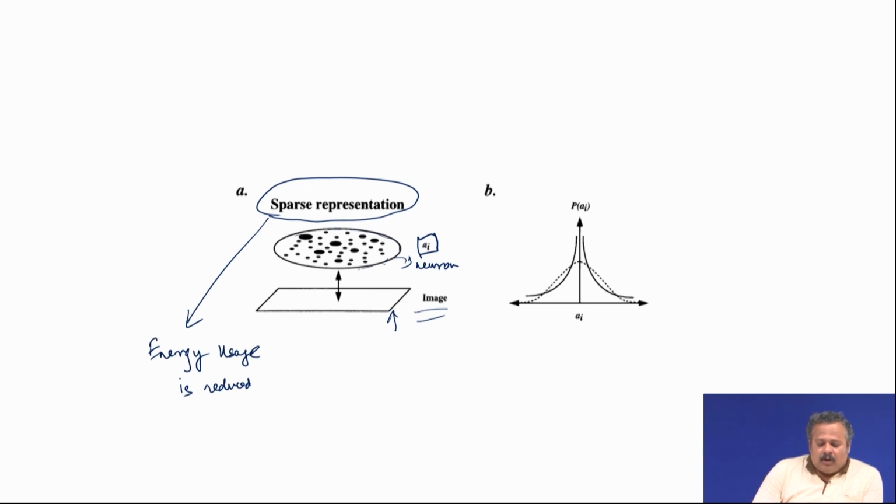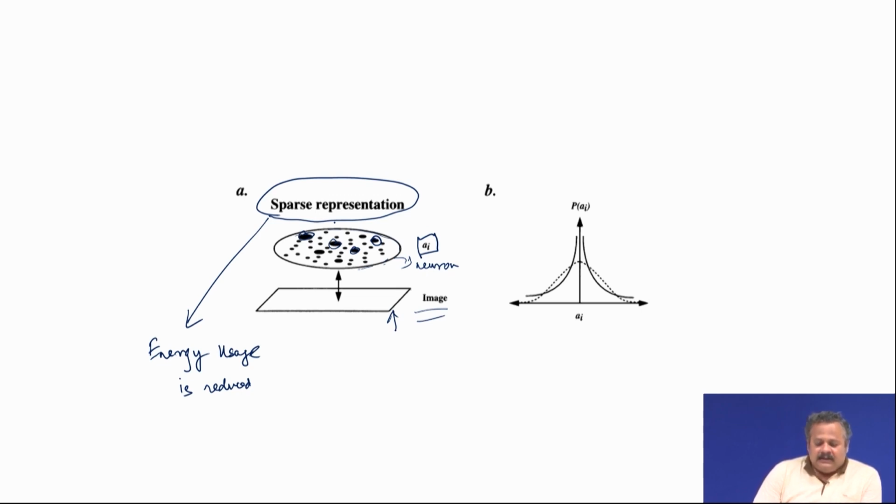What is being depicted by the dots here is that only a few of those units are active with a high amount of activity, while most of them are not active or minimally active.